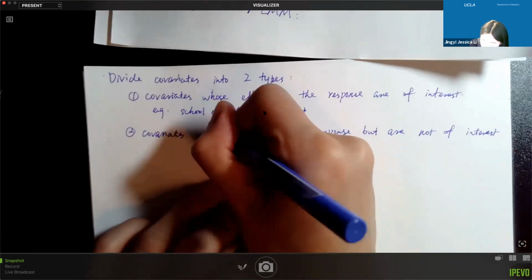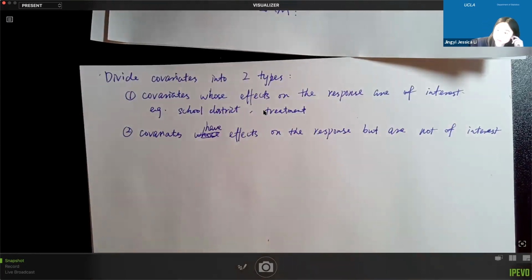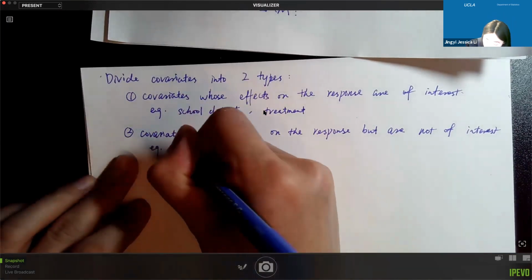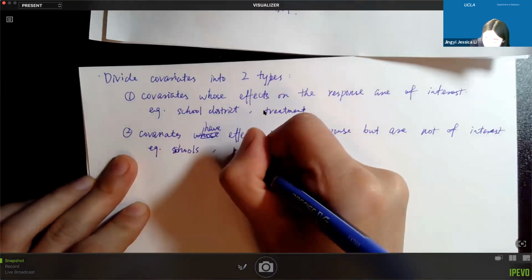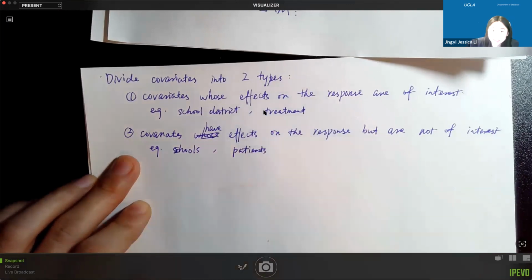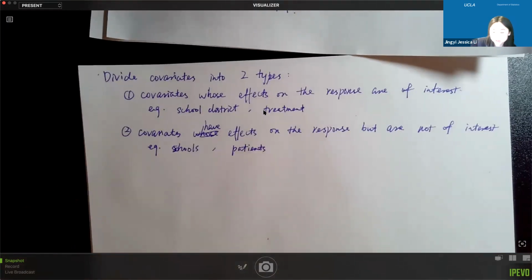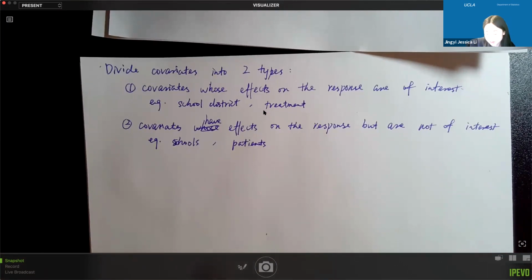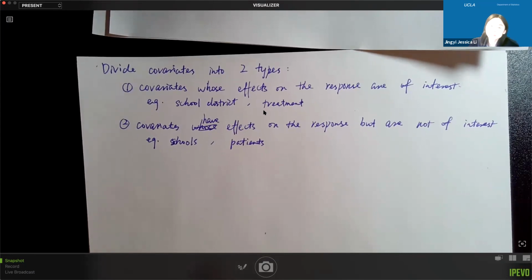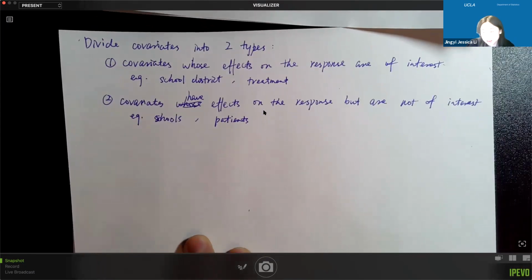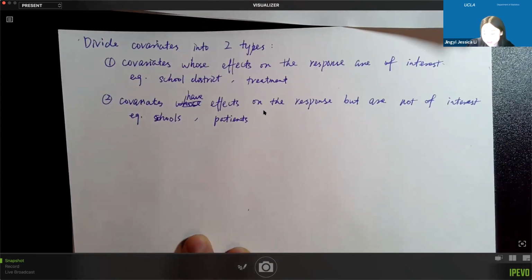Covariates that have effects on the response that are not of interest include the school names, the schools themselves, and the patients. In the second paired t-test example, we are not really interested in the average weight of patient i before and after treatment. We're not interested in the baseline of patient i, although that is affecting the measurements of patient i, but it's not of our interest.